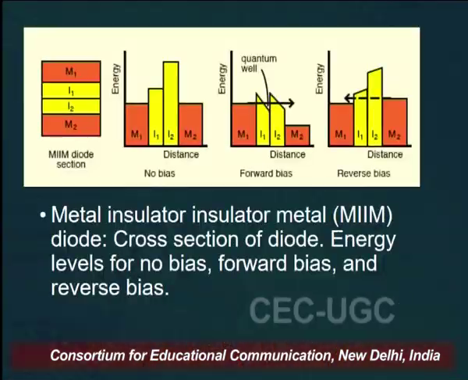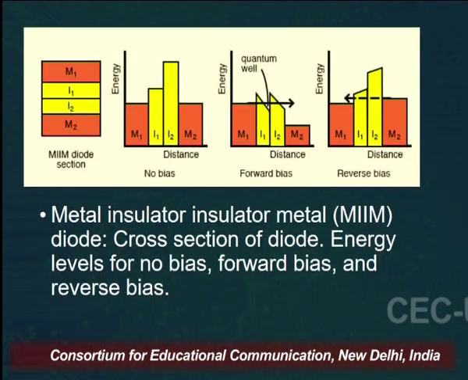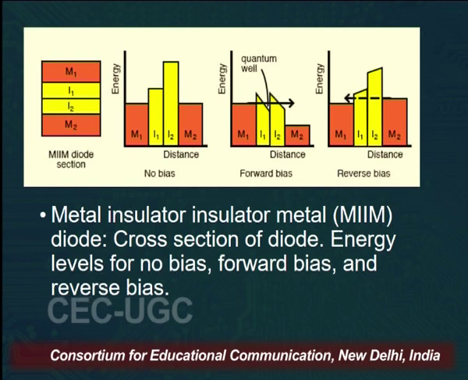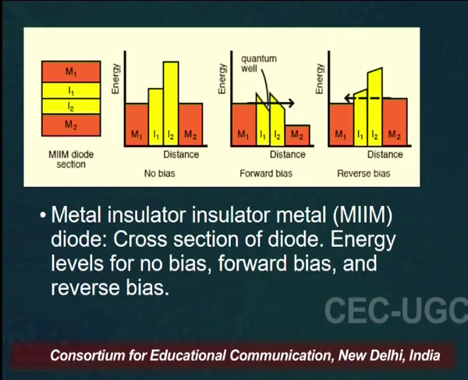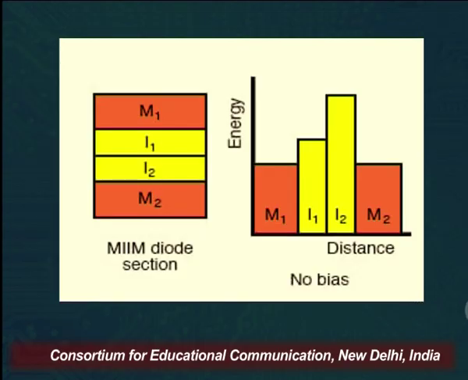You can see here the metal insulator diode, the MIM diode. There is a cross section of the diode, and energy levels for no biasing, forward biasing and reverse biasing. First, with no biasing, you can see the metals M1 and M2 are at the same level, but I2 and I1 are not at the same level, though they are thinner compared to the metal.